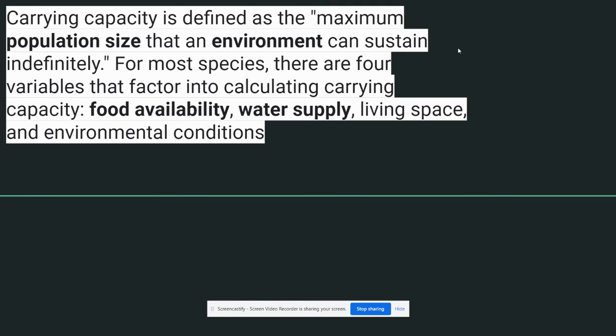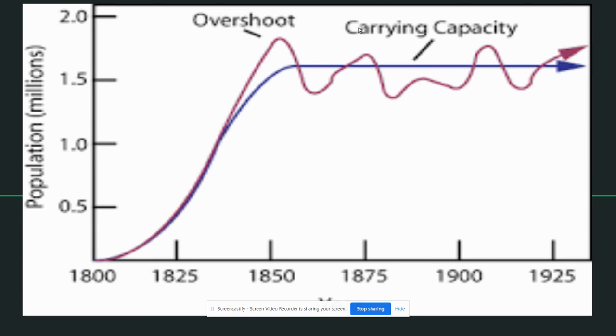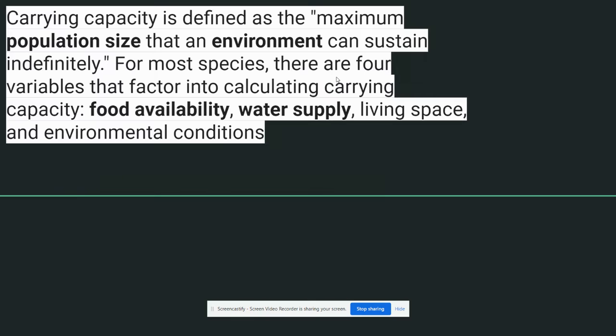For most species, there are four variables that factor into calculating carrying capacity: food availability, water supply, living space, and environmental conditions. The thing about carrying capacity is that it can be influenced, it can be changed, it could be increased or decreased if you manipulate these variables.